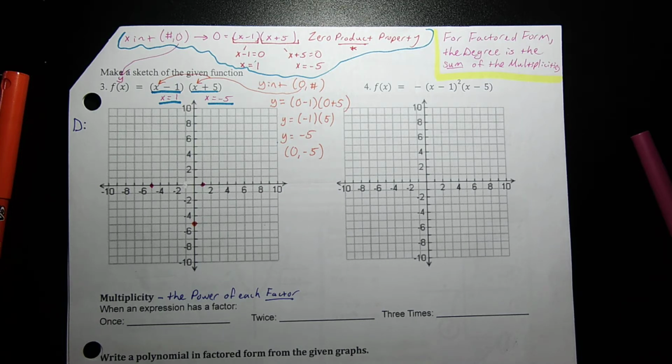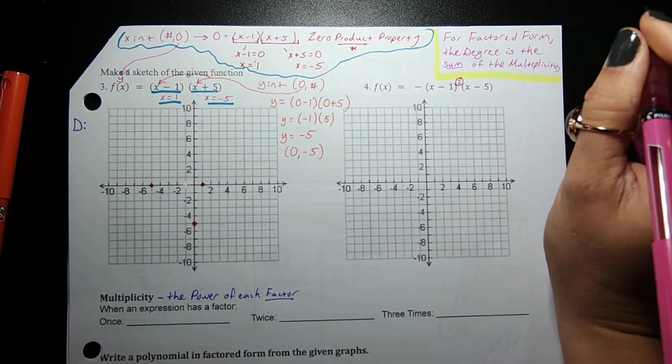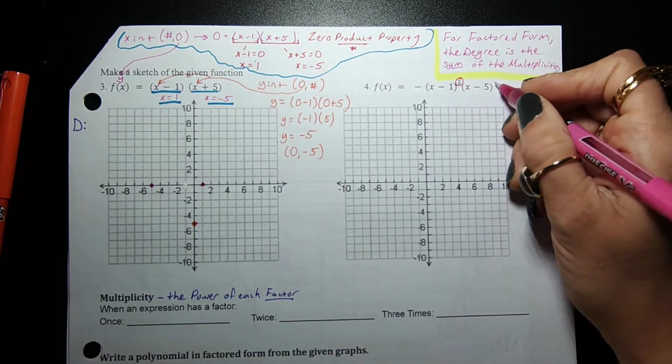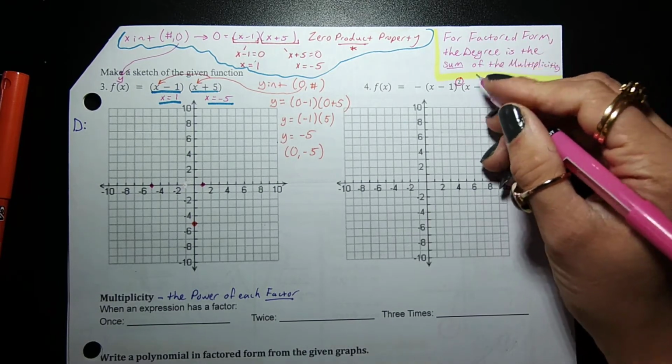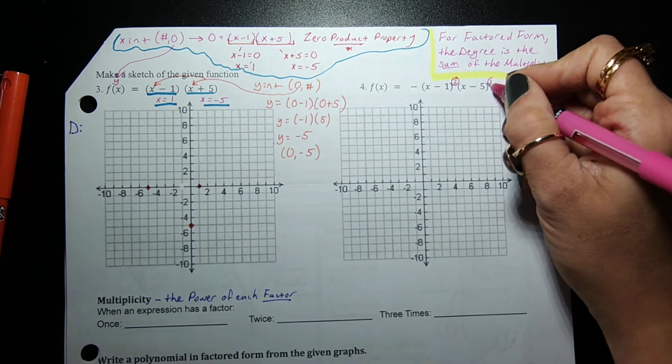So over on the right side here, this would have a multiplicity of 2. What about the x minus 5 factor? What is its implied power? It's 1.